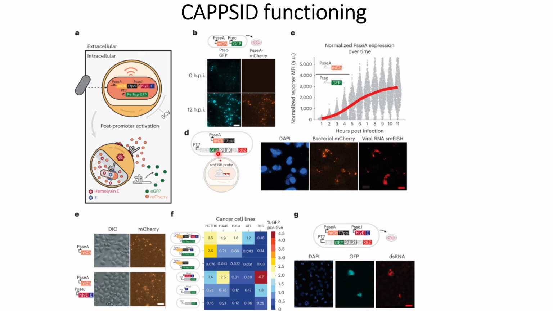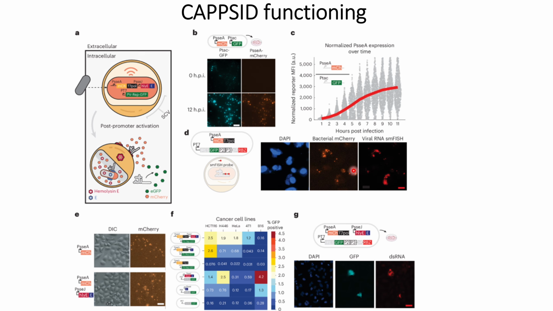So what they did is they infected the cells with bacteria carrying this circuit, or we can say that is the SM FISH probe, where they can see the TAPI signals are there, and the bacterial M-cherry signals, which have been shown here, show the translation of this T7 polymerase.